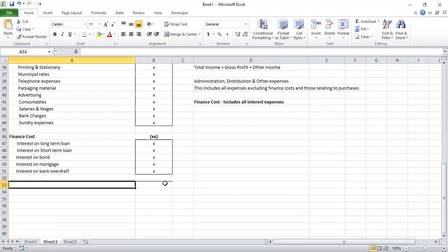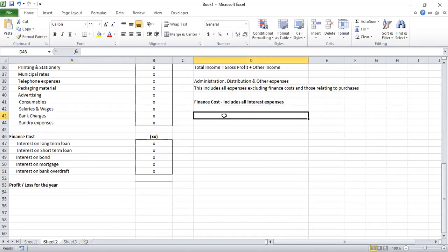Then we get our profit or loss for the year. Right, our profit or loss for the year is equal to total income minus administration, distribution, and other costs, minus finance costs. Sorry, I shouldn't say revenue.